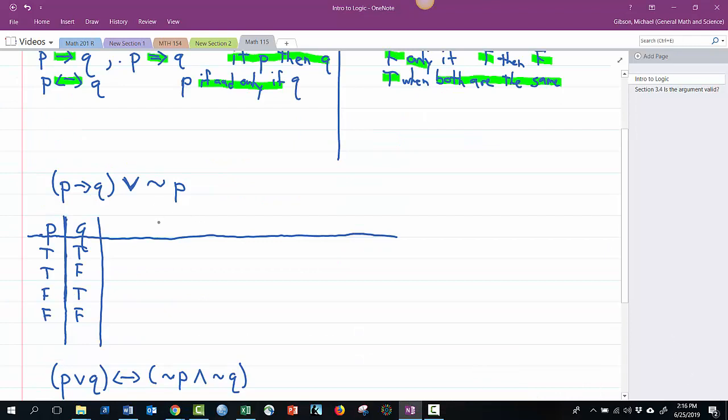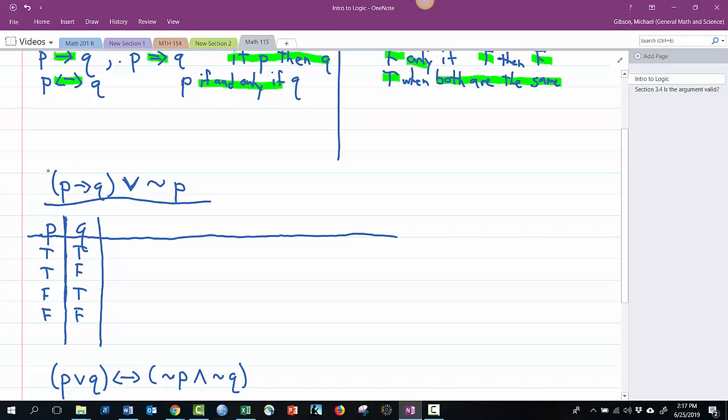All right, our next thing is how to use a truth table. A truth table is a tool to make it so you only have to think about one thing at a time as you evaluate these statements. So here's a typical statement: if P then Q, or, not P. What happens is you want to build up each of the smaller statements inside the bigger one, and then put them together at the end.